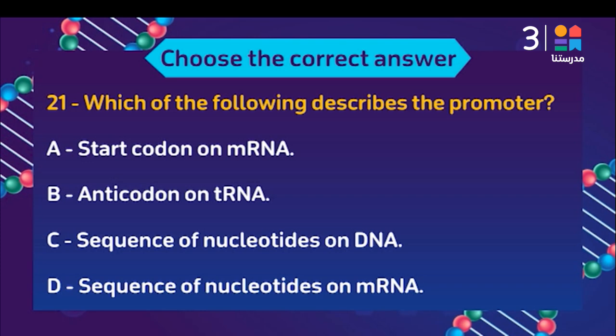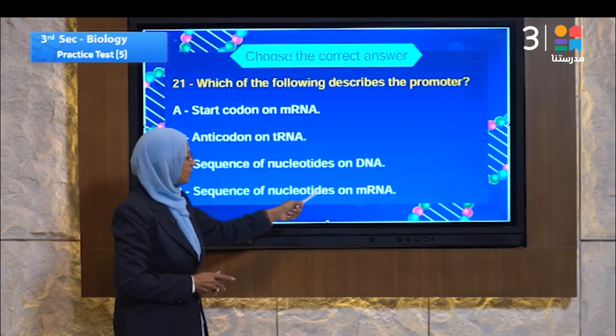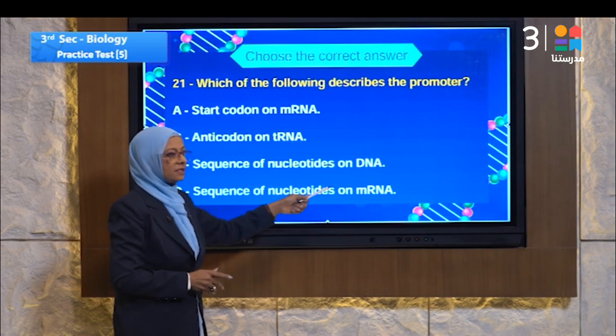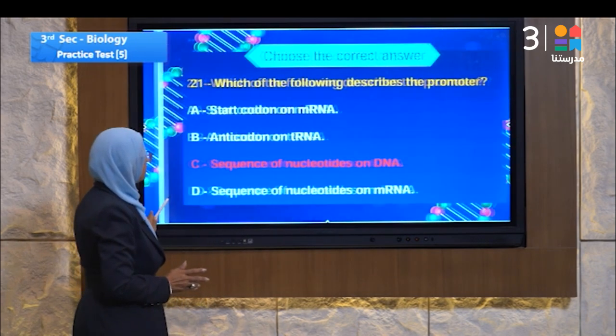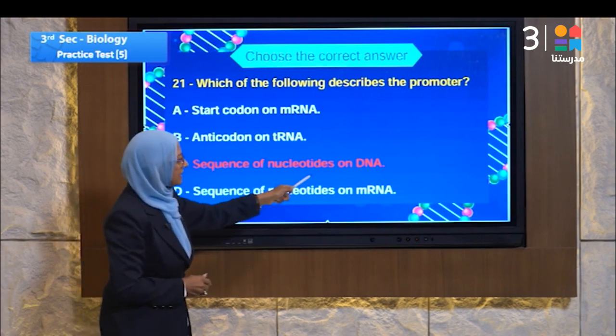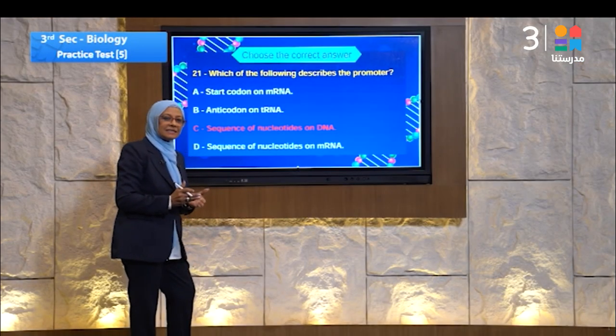No, it's not found in RNA. C, sequence of nucleotides on DNA. D, sequence of nucleotides on messenger RNA. It's not found in RNA at all. It must be sequence of nucleotides on DNA. The promoter is found in DNA.